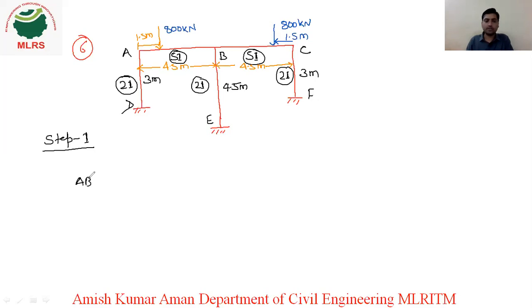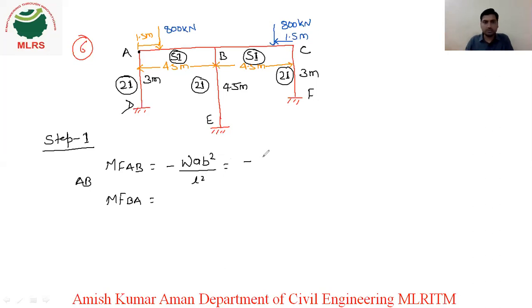For AB span it will be MFAB and MFBA. If you see the loading condition, let us consider this A, this B. Starting from the left, the formula is minus W a b squared upon L squared.